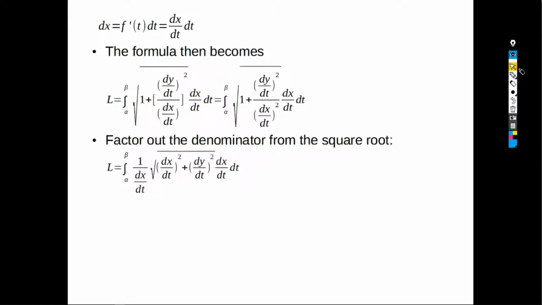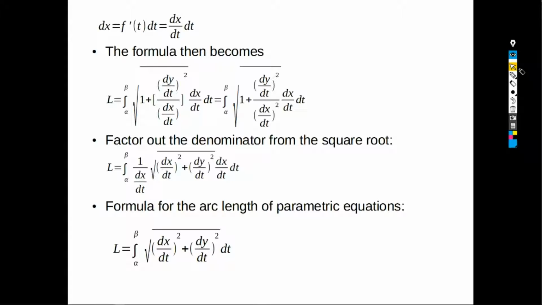Then you factor out the denominator from the square root, which gets you this equation here. And by canceling out the denominator, you get the equation for the arc length of parametric equations, which is the integral from alpha to beta of the square root of (dx over dt) squared plus (dy over dt) squared dt.